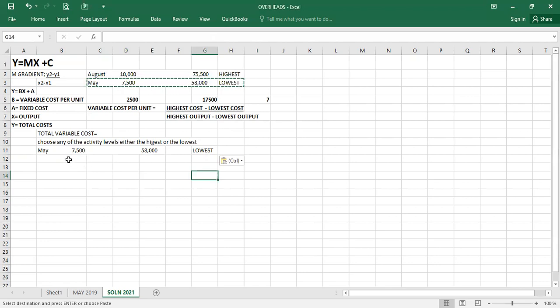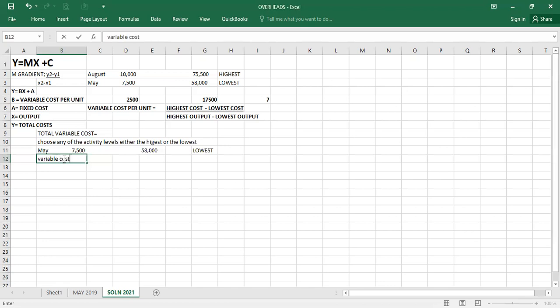To get our total variable cost, the total variable cost will be equal to 7, because this variable cost per unit times this is, sorry, it will be multiplied by the 7,500.